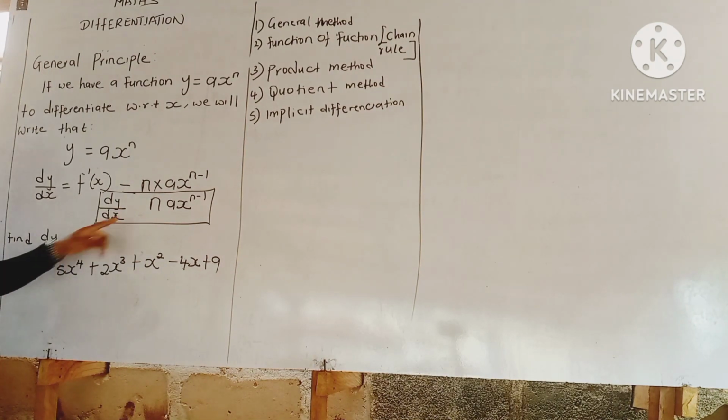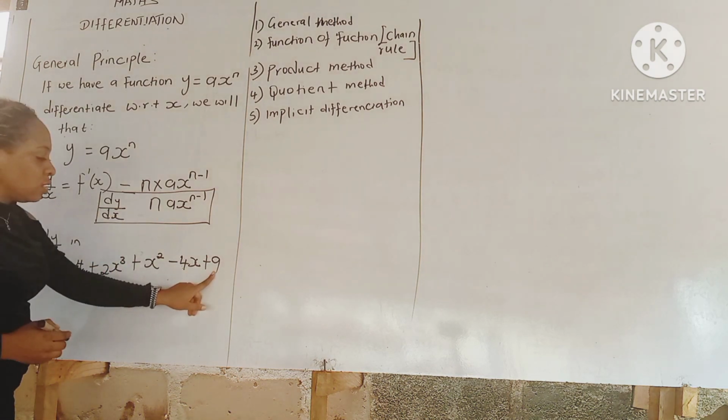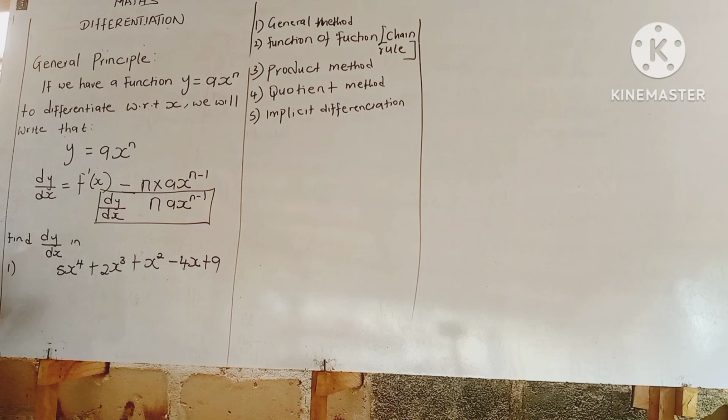With the general formula, we use it and solve this. Use the power and multiply the coefficient, then subtract the power by 1. After doing this in all these terms, you've gotten your differentiation. If y equal to this, then find dy dx. So this is your y. Then let's get the dy dx.